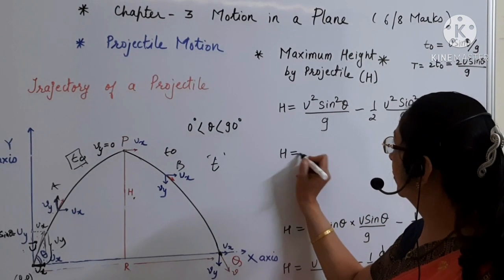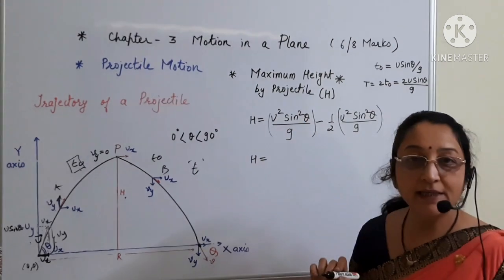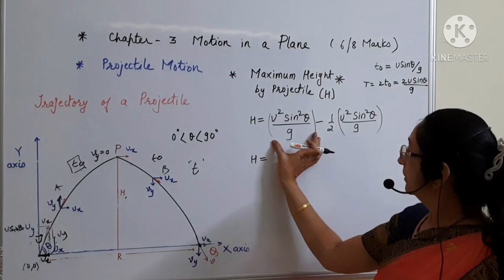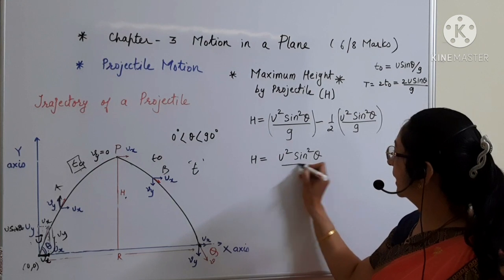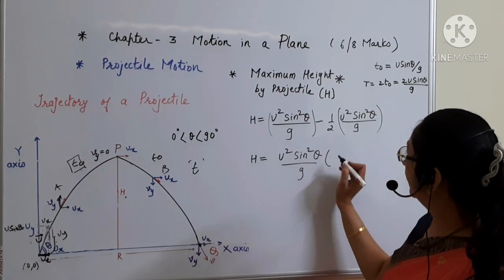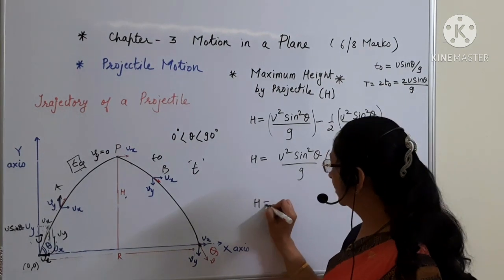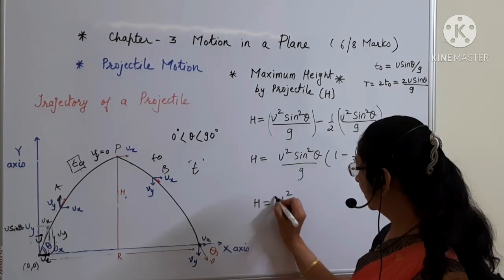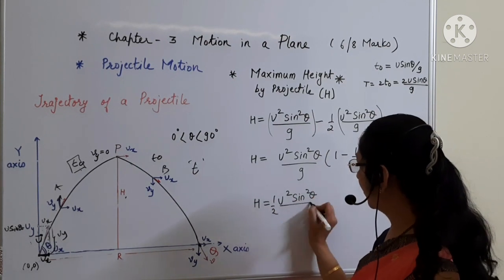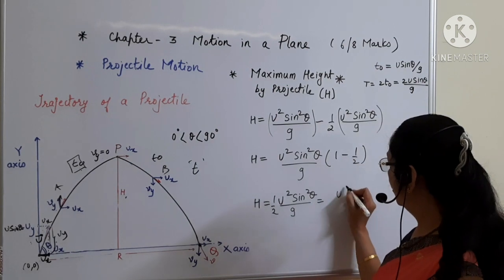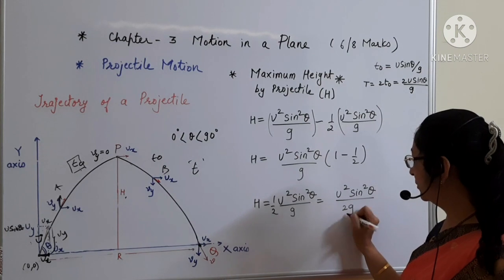These two terms are the same, so taking u square sin square theta upon g outside the bracket, we get 1 minus half. So h is equal to half of u square sin square theta upon g, that is, u square sin square theta upon 2g.